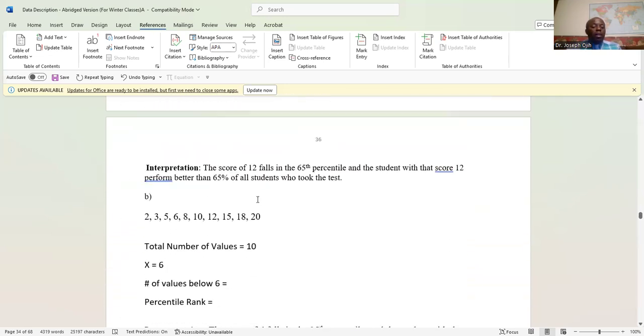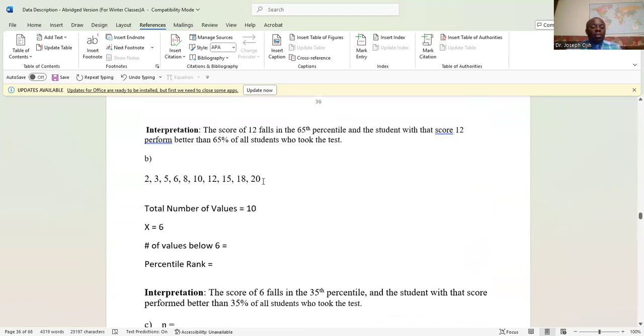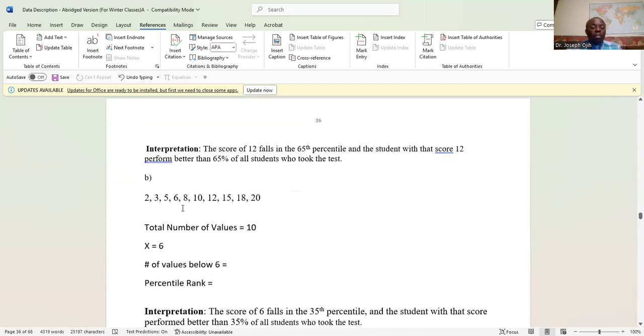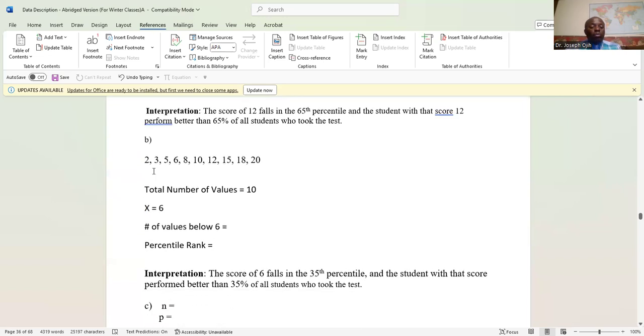So if you come here, again, the data will be in order from smallest to largest. S is the number of values below 6. 6 is right here. How many values are less than that? 1, 2, 3.